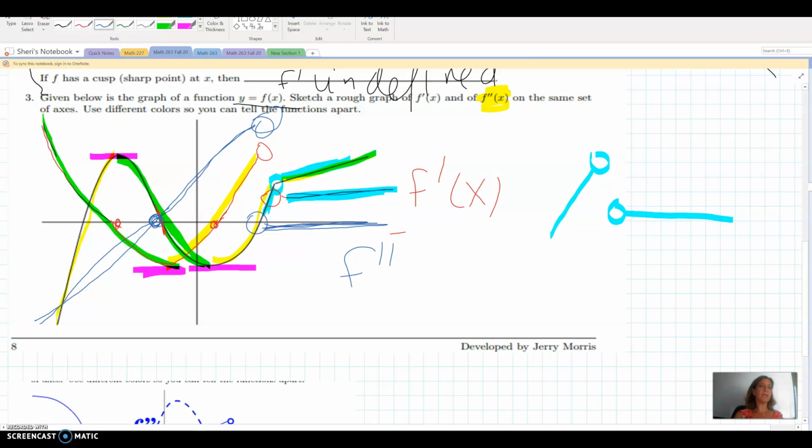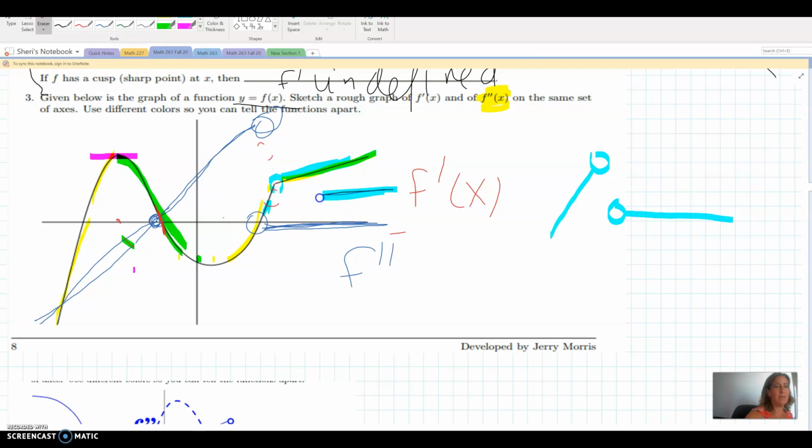What I want to look at now is how the second derivative compares to the original graph. So I'm going to see if I can possibly erase my first derivative without erasing my second derivative. Yay.